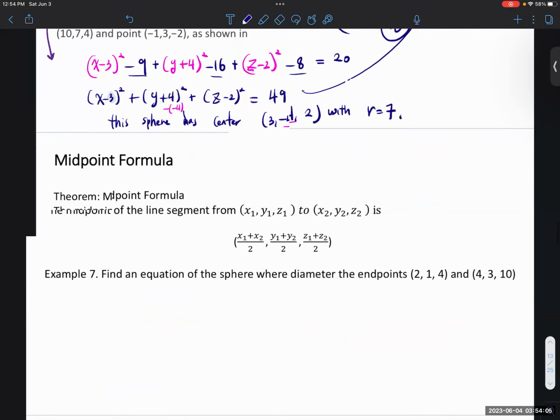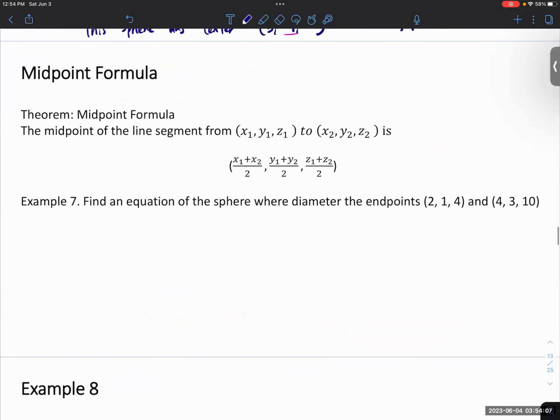Okay, we're going to play in three-dimensional space. Let's talk about midpoints. So if I'm dealing with the sphere, right? If you have two endpoints, and then you divide by 2, that's going to be the center, correct? So in other words, diameter divided by 2 is the radius.